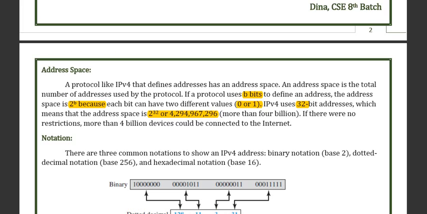That is why IPv4 uses a 32-bit address, which means the address space is 2 to the power 32, which is over 4 billion values. If there is no restriction, more than 4 billion devices can be connected to the internet. That is known as the address space.